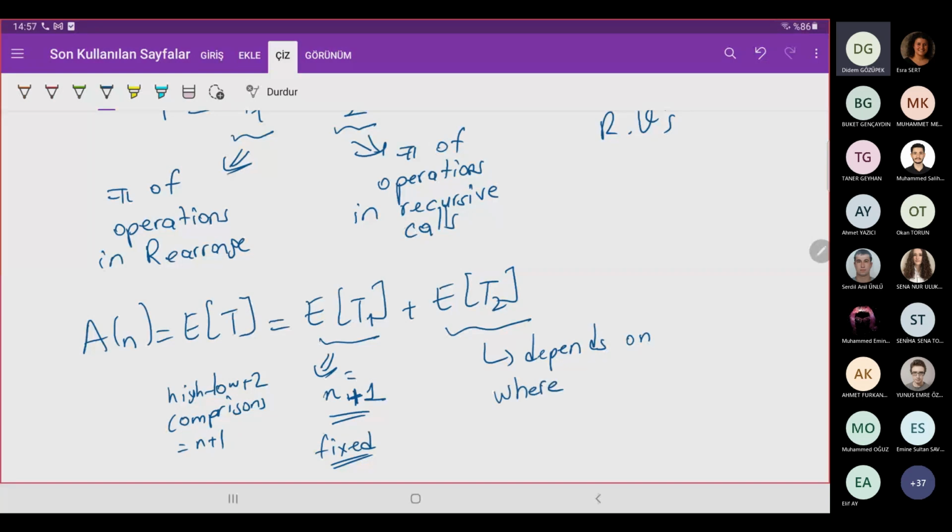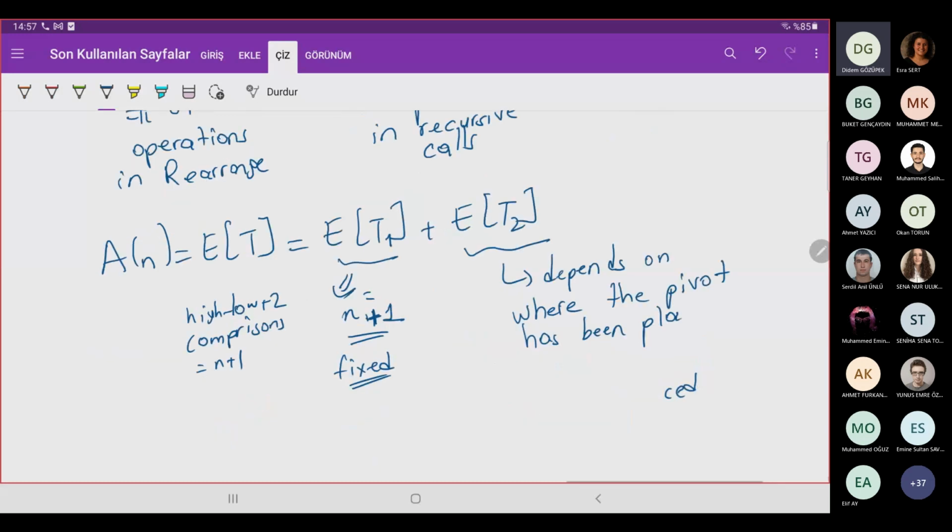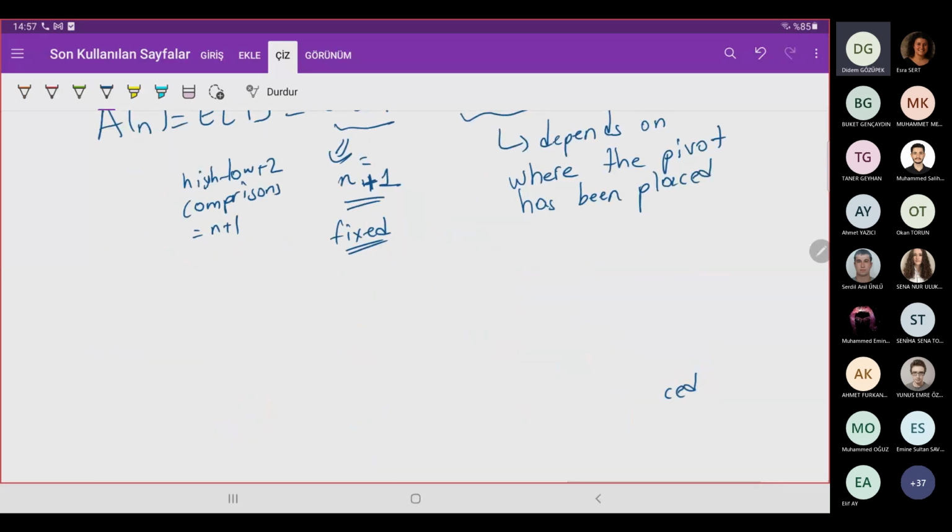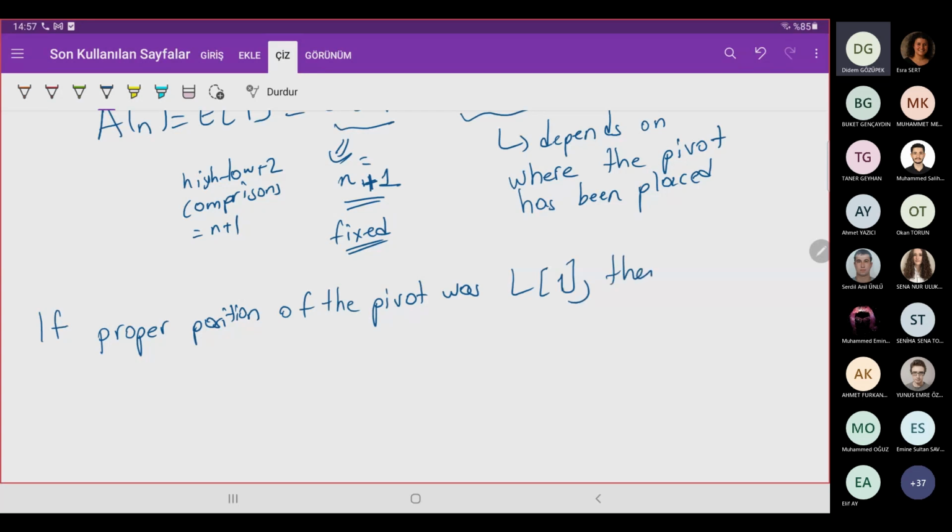It depends on where the pivot has been placed in that iteration, okay? If the proper position of the pivot was 1, then the two sublists are 1 to 0, which means an empty set, and 2 to n.